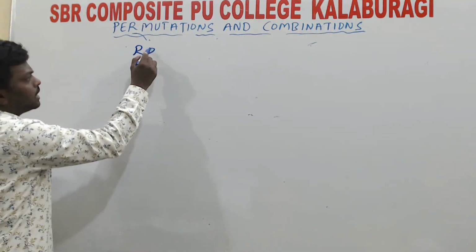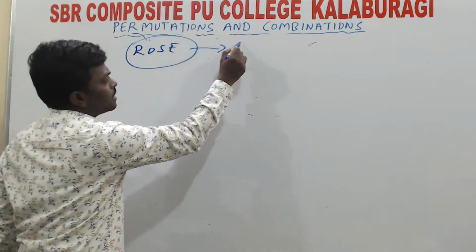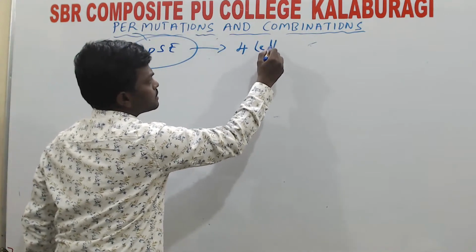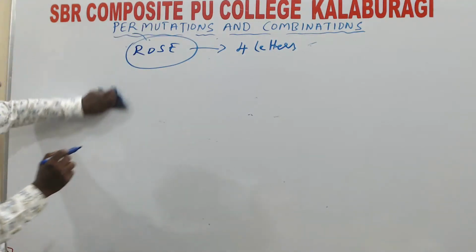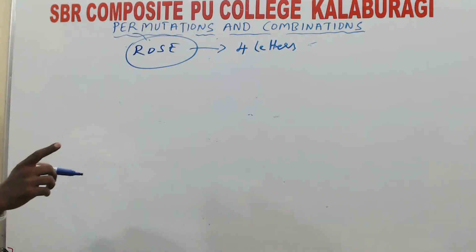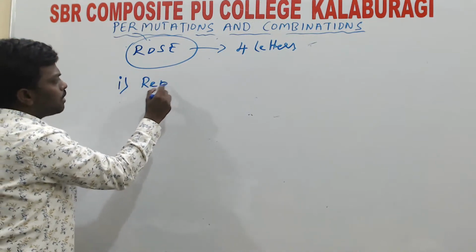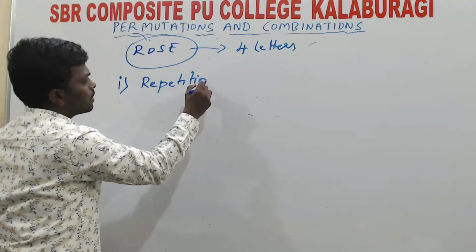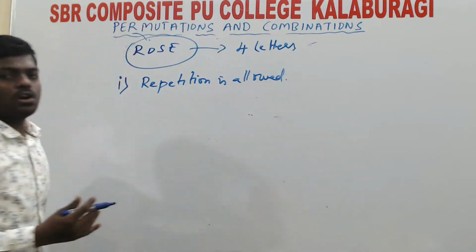The same letters we will take, rose. So how many letters are there in rose? 4 letters. And in example one, what was the condition? Repetition not allowed. So now repetition of letters is allowed. It's given in the note. We shall see what will happen.